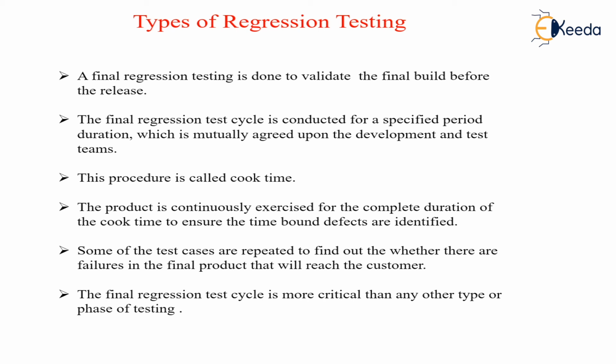Now, the final regression testing cycle is more critical because we are at the end term and we are going to deliver. This goes to the quality assurance team, who can then define the quality of our product, and then it can be delivered to a customer. So this end phase, the final regression testing cycle, is more critical.